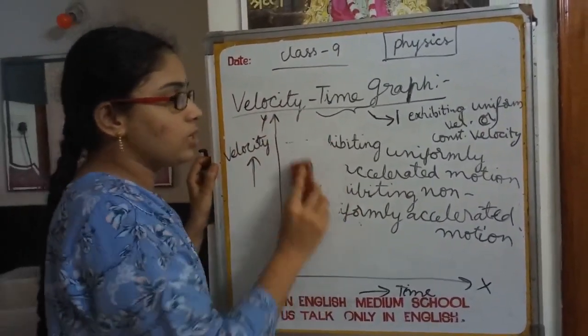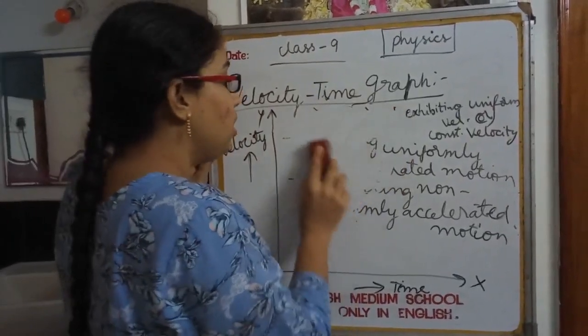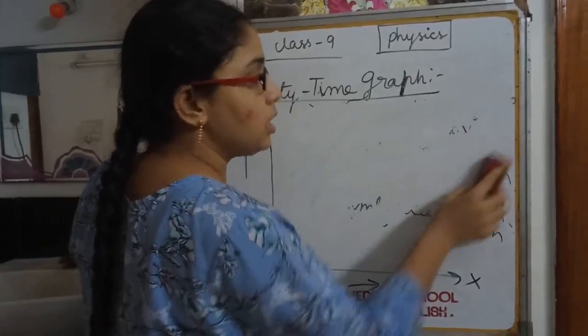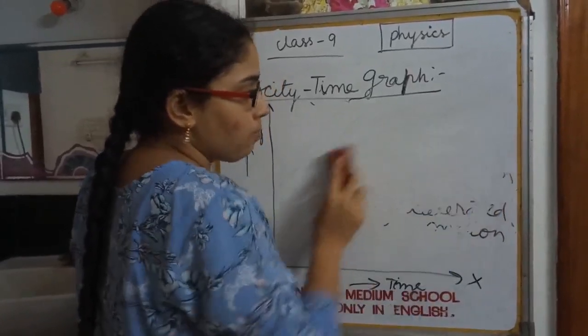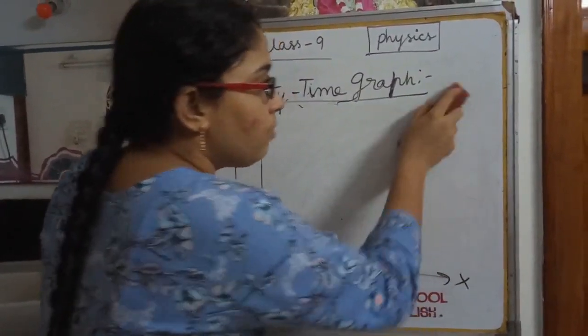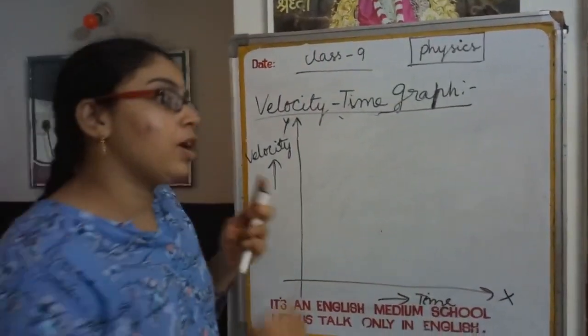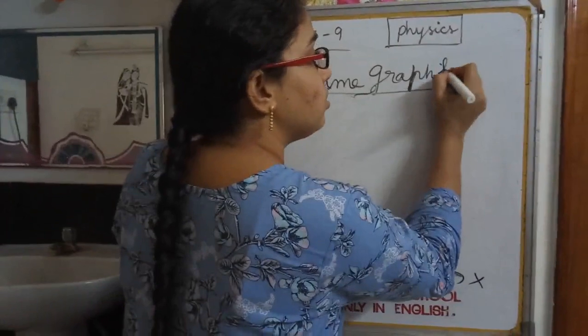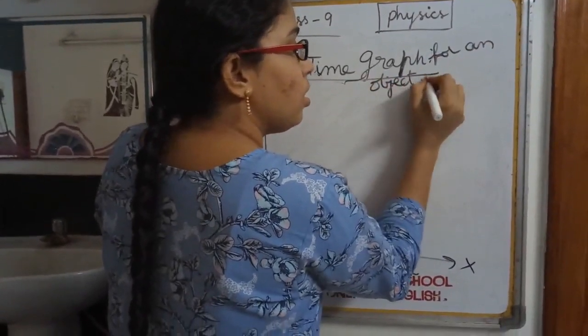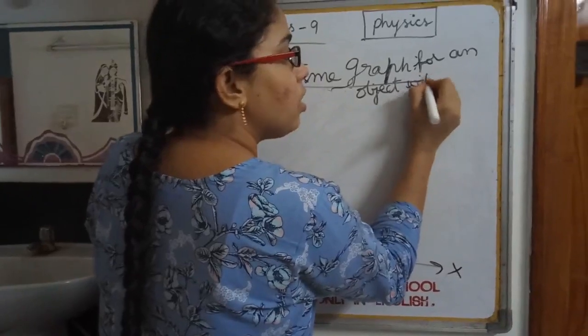And what is the use of the velocity time graph? It is used to determine the magnitude of displacement, that is nothing but the distance of an object. Now I am going to explain the first case: the velocity time graph for an object with constant velocity.